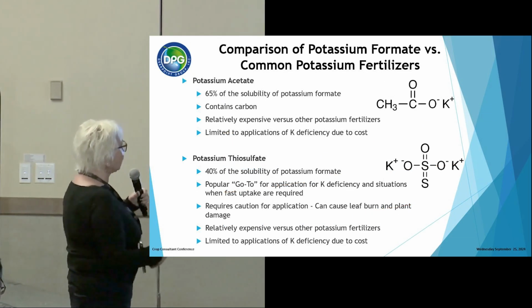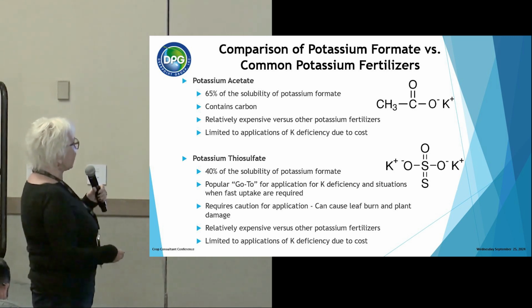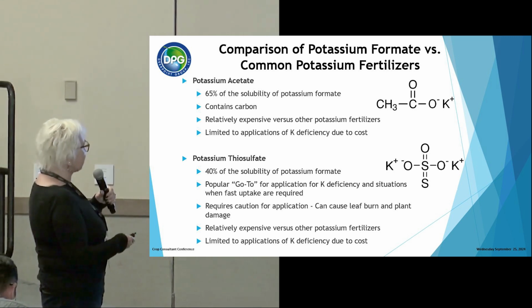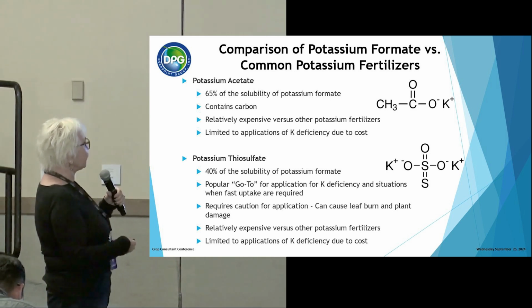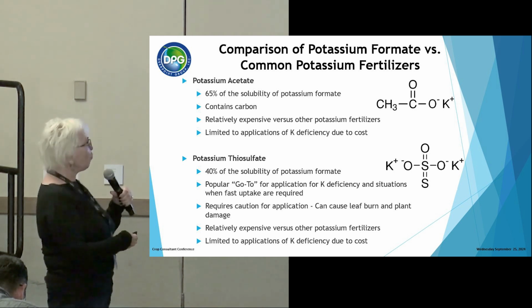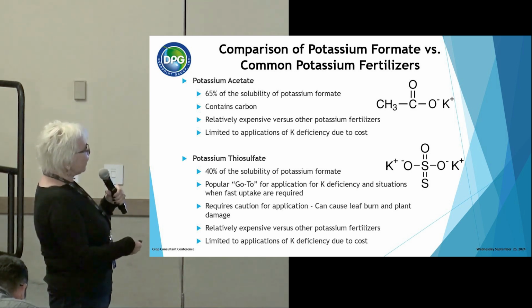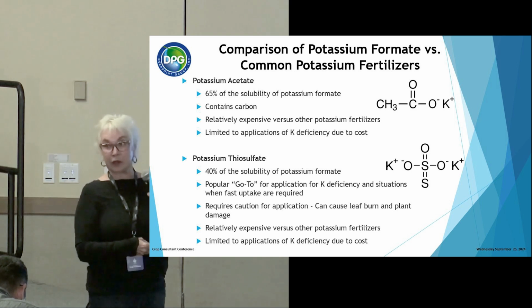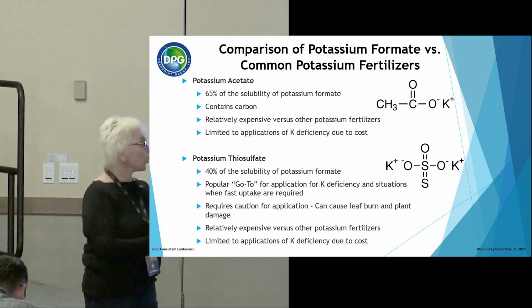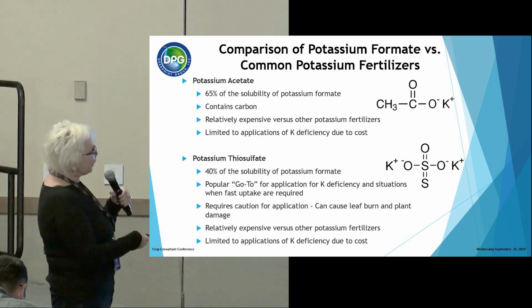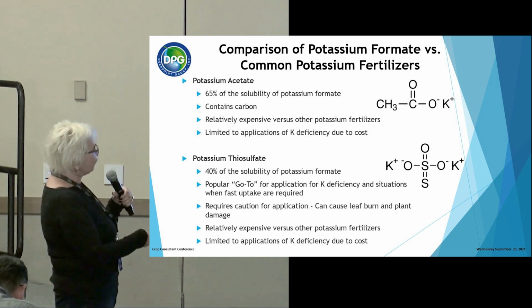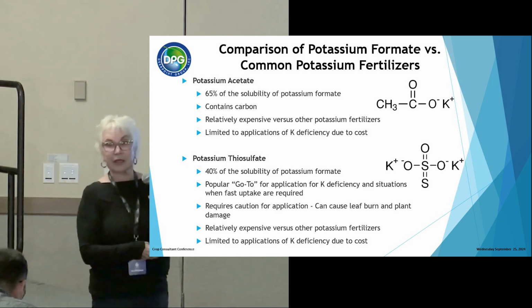So now we're going to take some time going through the various other molecules, kind of listed in order of their solubility. The first one is potassium acetate. So you see here that this looks very familiar. It looks a lot like the formate portion. So the only difference between potassium formate and acetate is it has this extra carbon.